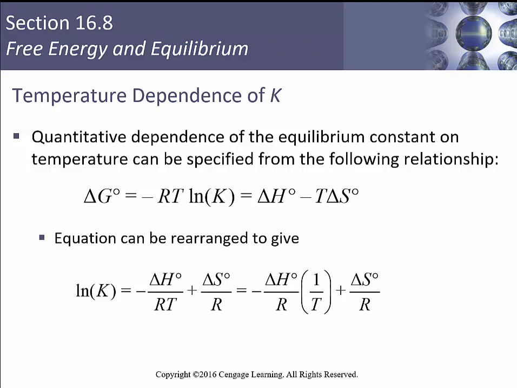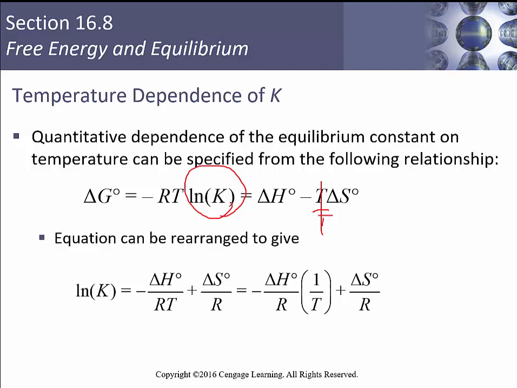If delta G is equal to minus RT ln K, and delta G is equal to delta H minus T delta S, we can just kind of say, well, hey, minus RT ln K is equal to delta H minus T delta S. And we can take that equation and rearrange it for this guy so that we get the natural log of K is minus delta H naught over RT plus delta S over R, right, because the temperature over temperature would have canceled out.